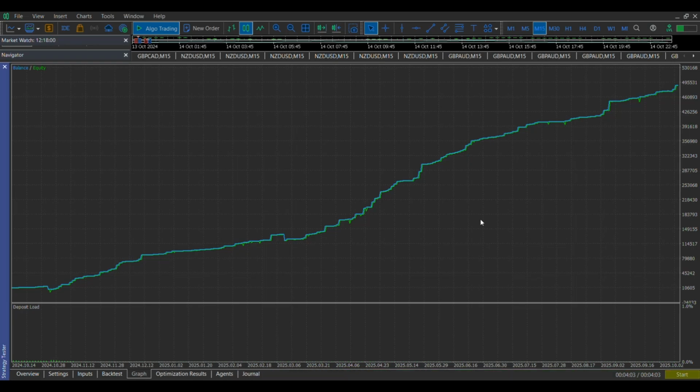Let's move to the graph. As you can see, trading started on 13 October 2024. On 18 December 2024, the balance was 88K.